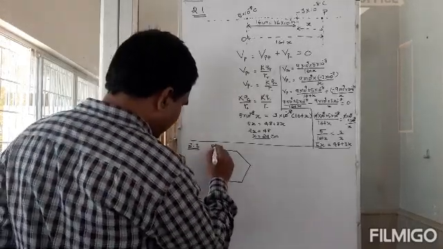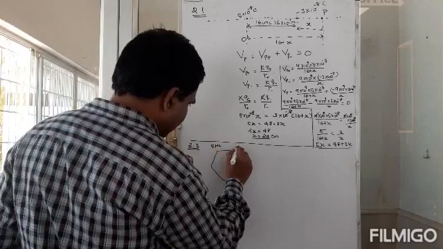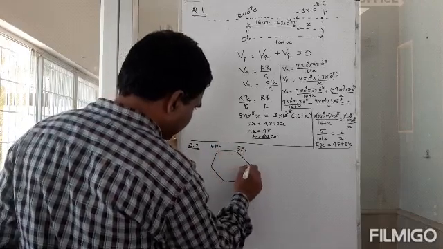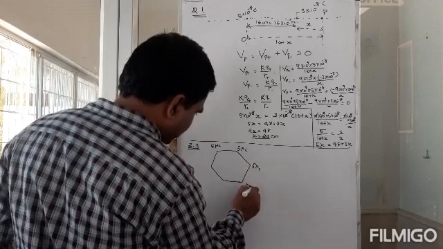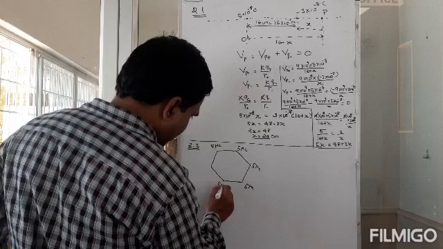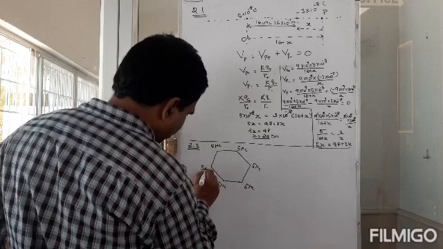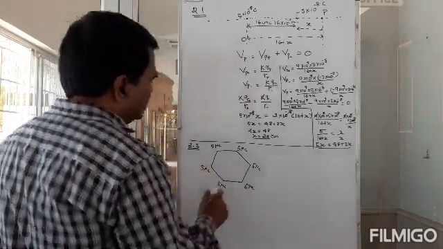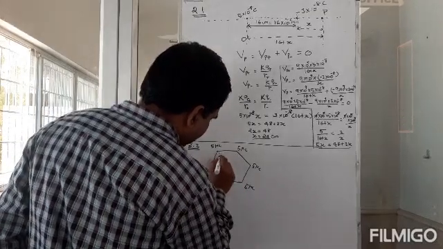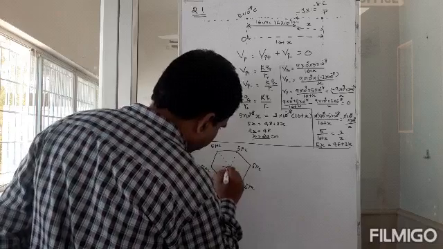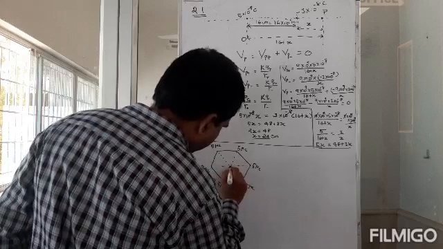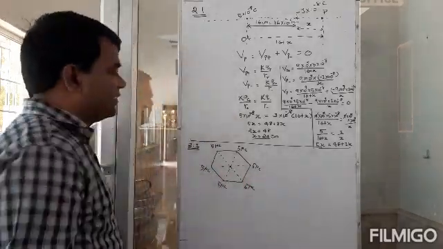So you have 5 microcoulomb at the vertices, 5 microcoulomb, 5 microcoulomb, 5 microcoulomb, 5 microcoulomb, 5 microcoulomb. And I want you to find the potential at this point, at the very center.